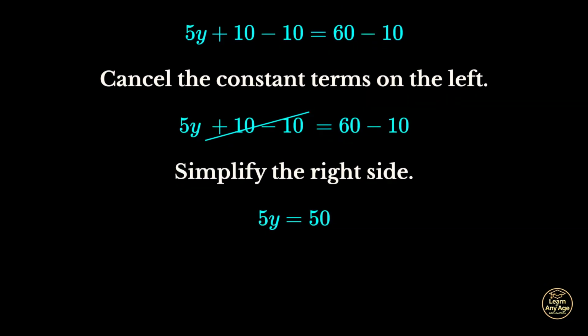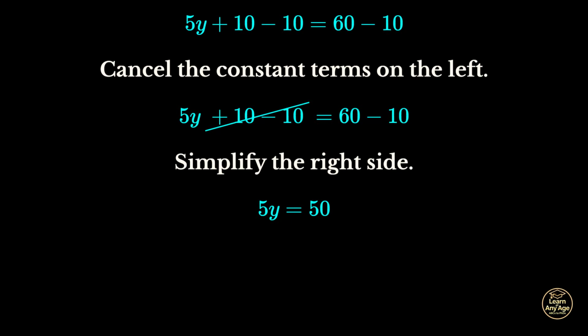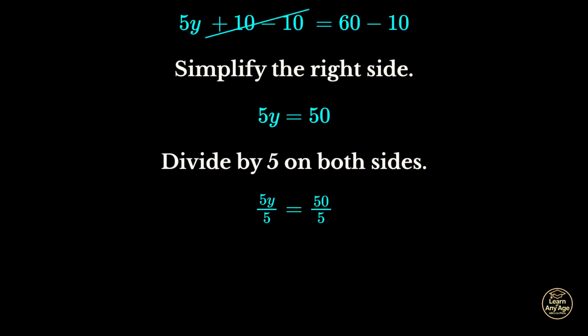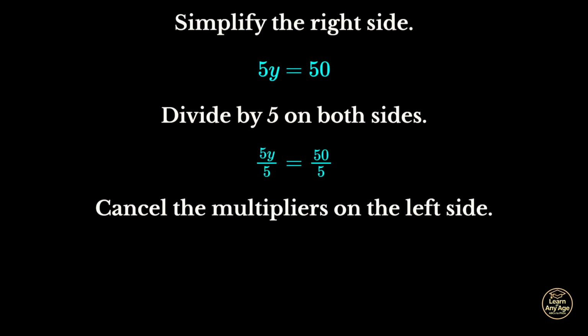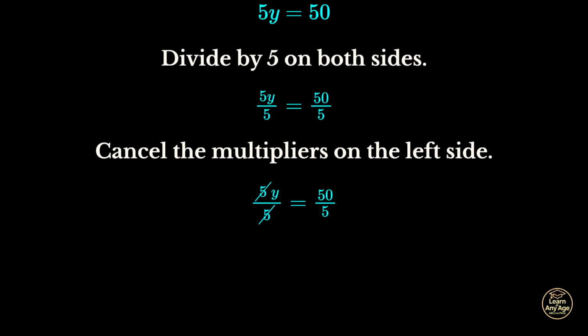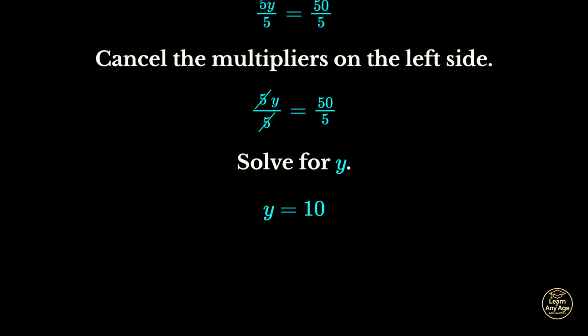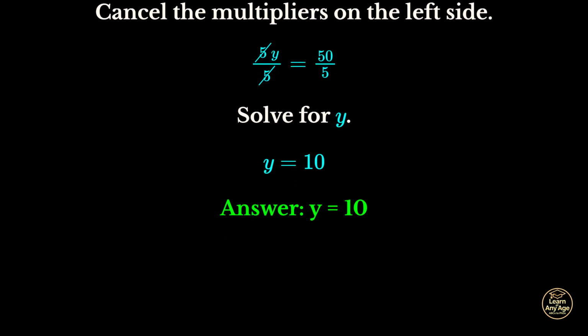Simplify the right side. 5y equals 50. Divide by 5 on both sides. 5y over 5 equals 50 over 5. Cancel the multipliers on the left side. 5 cancelled out, y over 5 cancelled out, equals 50 over 5. Solve for y. y equals 10. Answer, y equals 10.